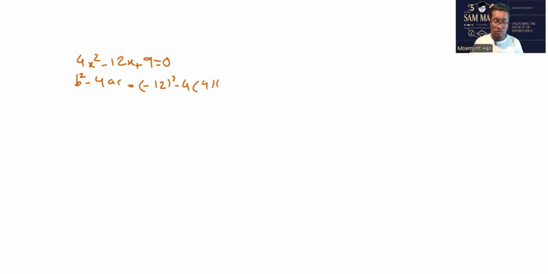So negative 12 squared is 144, minus 4 times 4 is 16, and 16 times 9 is 144. So it's going to become equal to 0.